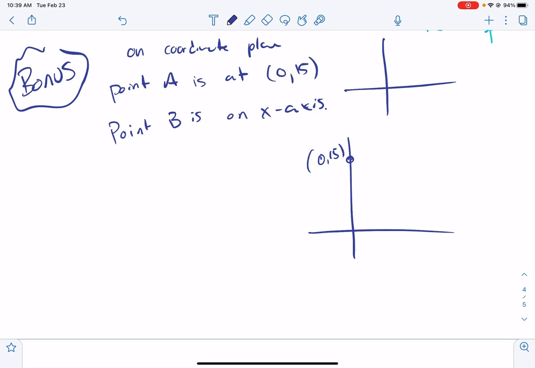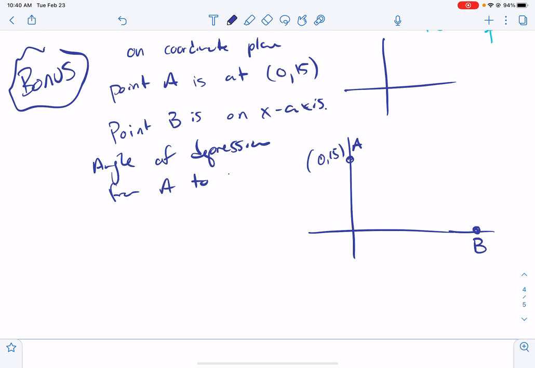And point B is, let's call that A. Point B is over here somewhere. We don't know. Let's give ourselves an angle. So let's say that the angle of depression from A to B is, let's call it 70 degrees.